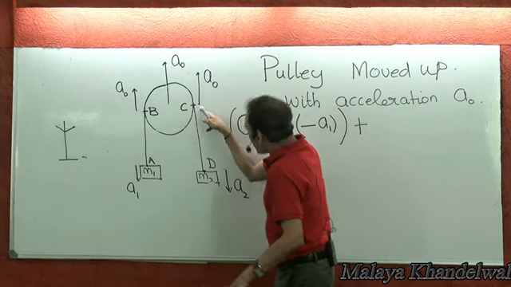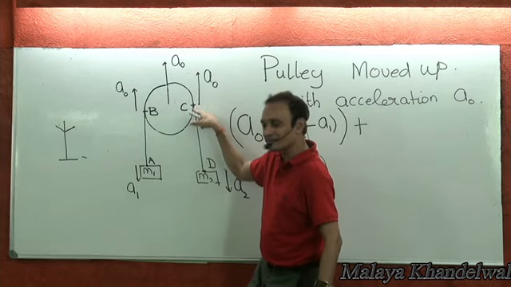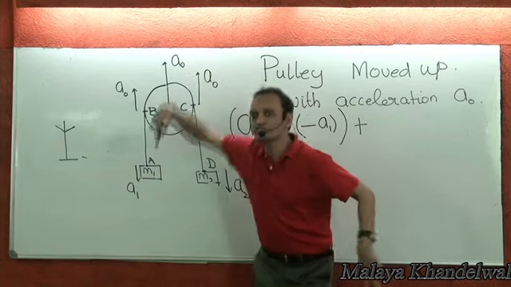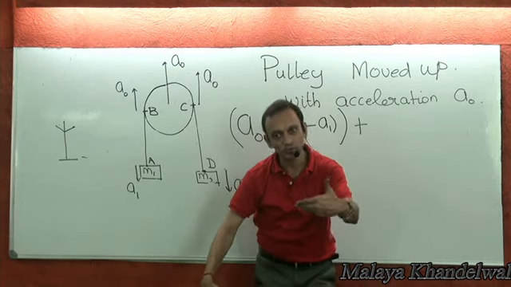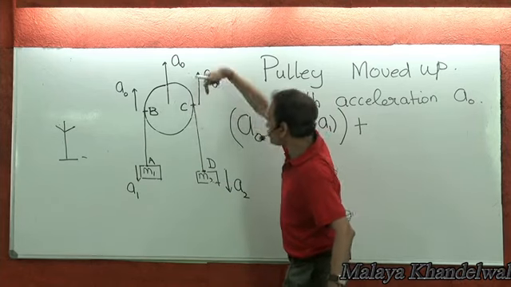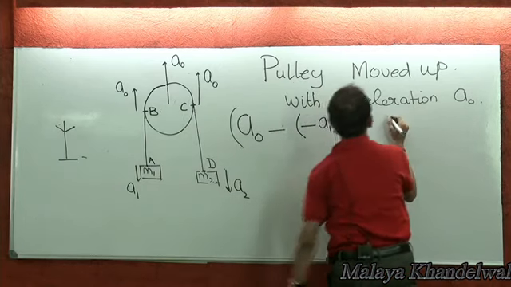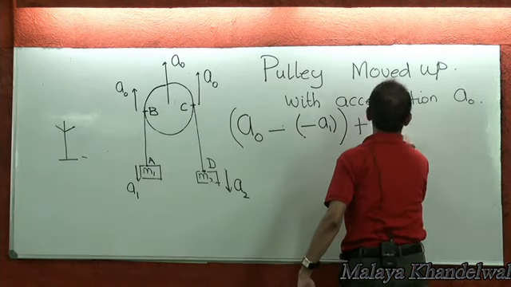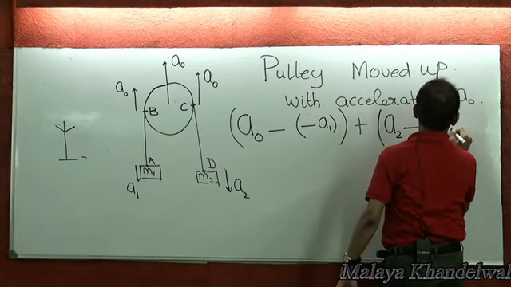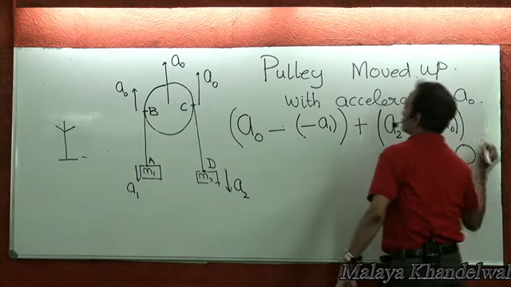Passive. Then I go from C to D. This is my final point. This is my initial point. So acceleration of D in this direction minus acceleration of C in this direction. Yes or no? What's the acceleration of D in this direction? A2. Acceleration of C in this direction? Minus A0. Right. So acceleration of D in this direction is A2 minus acceleration of C in this direction is minus A0. And all of this must turn out to be 0.